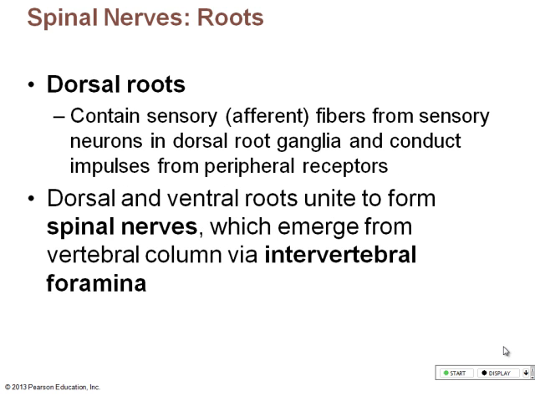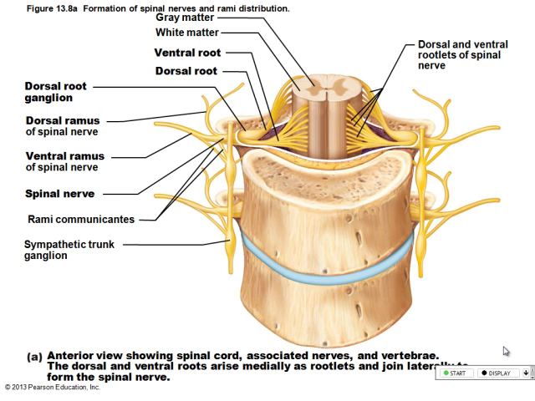And then we have dorsal root. Dorsal is sensory. Information is going to come in through the dorsal root of the spinal nerves. We see them here in this diagram, and we can see how they branch and spread. So we see the dorsal in the back, the ventral in the front, feeding into the spinal cord.